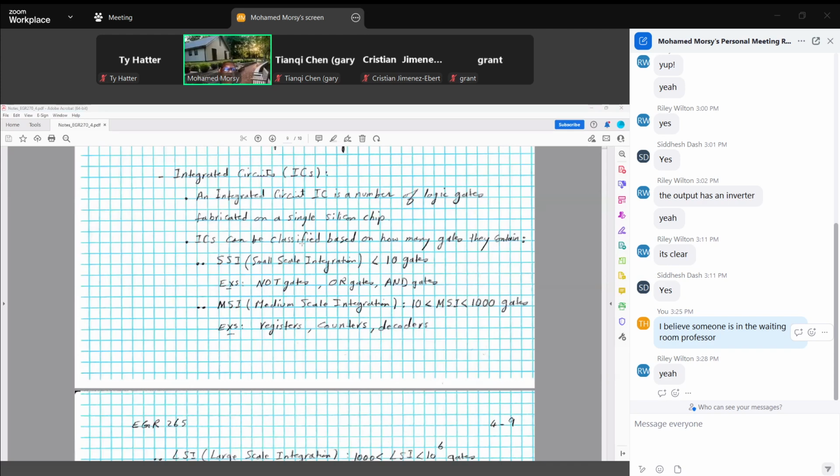So we use the IC for each gate. And in the lab, we looked inside the IC. So we saw a number of gates inside. All right. Well, let me remind you with what we did, just to remember.